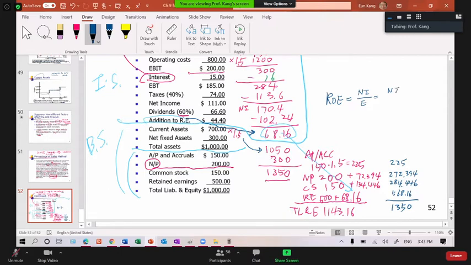So that is net income over equity. You said retained only, but equity is common stock plus retained earnings, right? Don't forget this. This is a common mistake. You have to add common stock and retained earnings. So net income is 170.4, and common stock is the new one, not the old one, right?